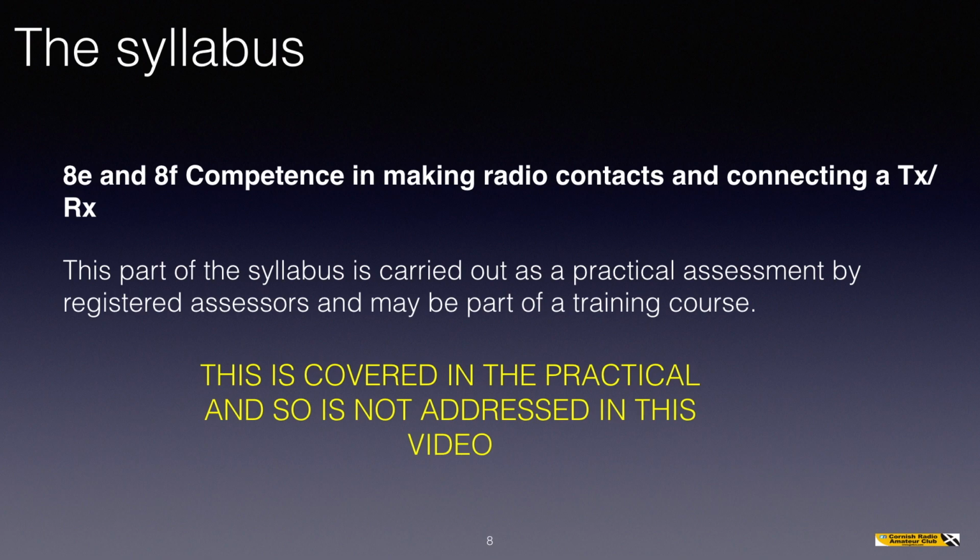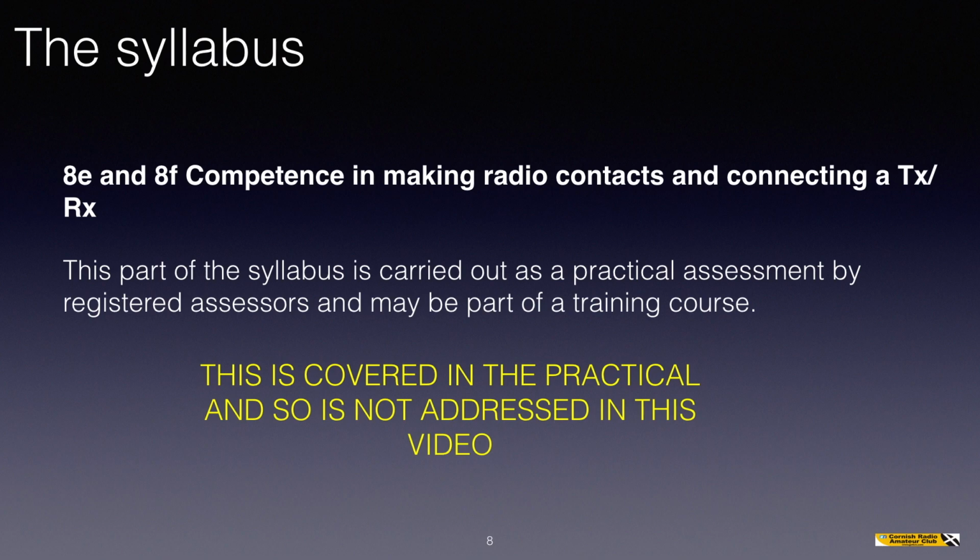For people watching from outside, this is something you need to take up with your local club and get a registered assessor to sign off these practical tasks. This isn't covered in this video. We may produce a video covering the process that we use in the Cornish Radio Amateur Club in the future.